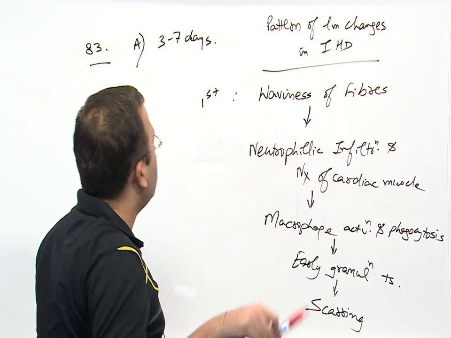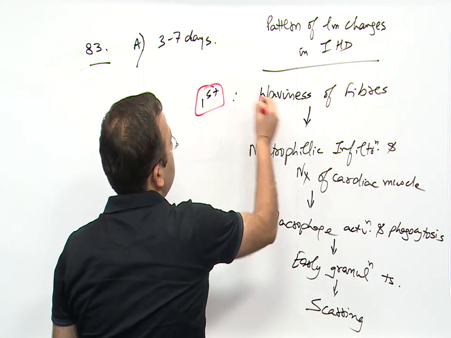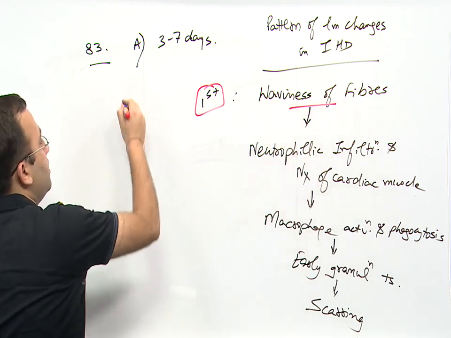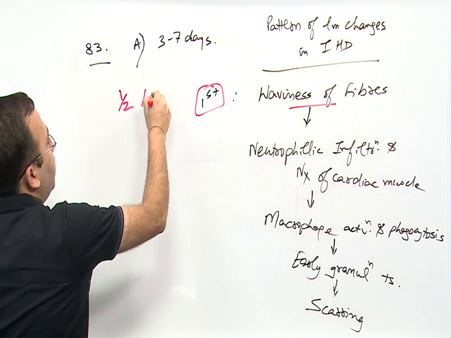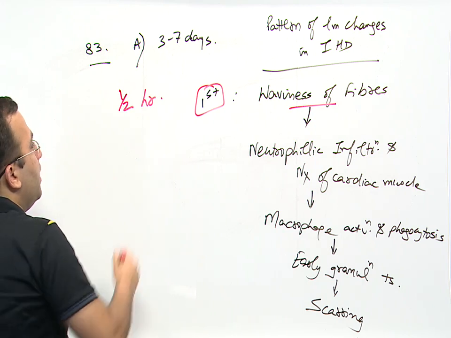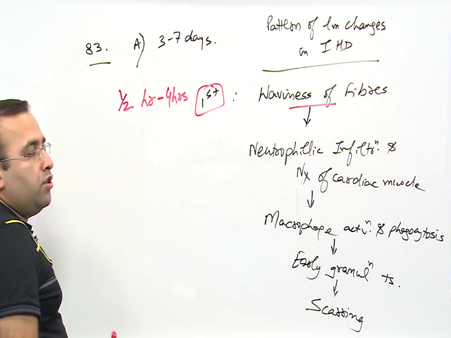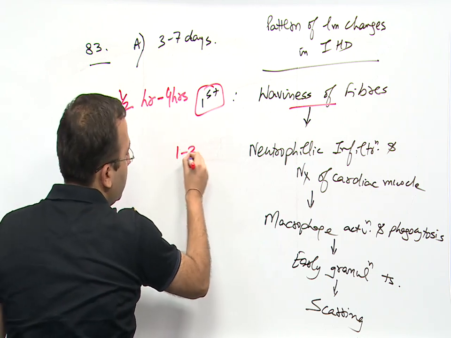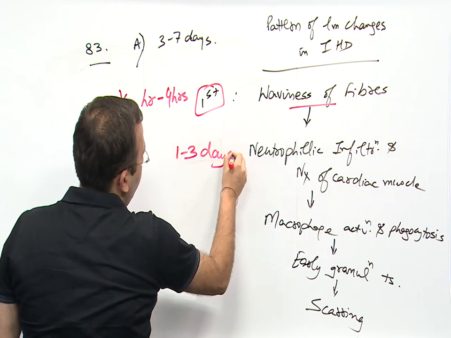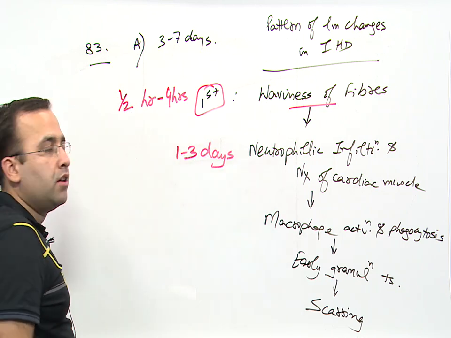Let us have a look at time periods. First change was waviness of fibers, time period half an hour to 4 hours. Next, neutrophilic infiltration and necrosis, 1 to 3 days.